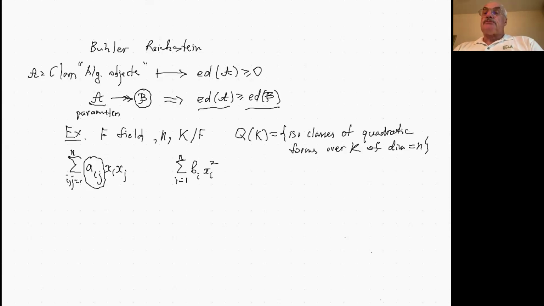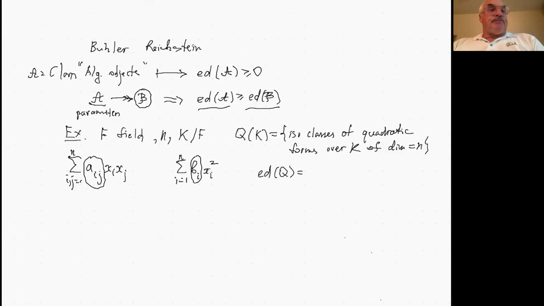So the essential dimension of this class is at most n. And in fact, one can show that it's the best you can do. You cannot make the number of parameters smaller than n, and so the essential dimension of this class is equal to n. Complexity is equal to n.